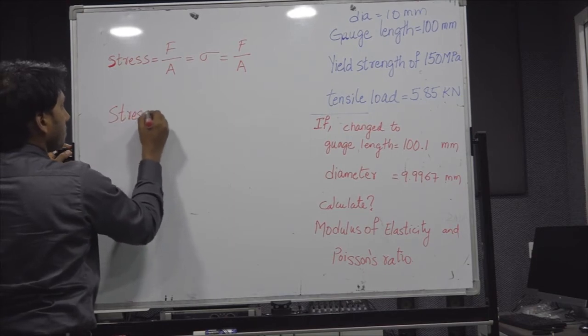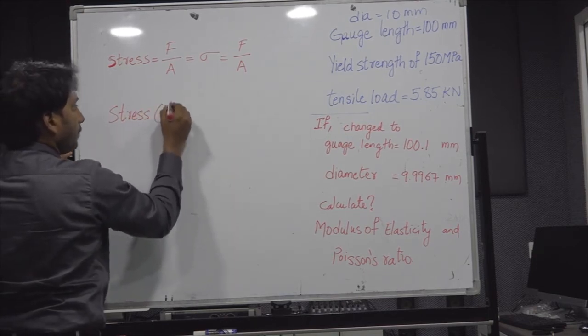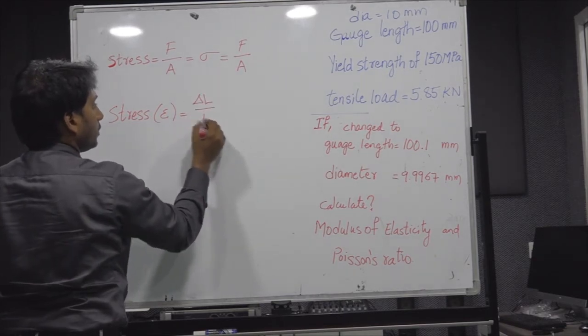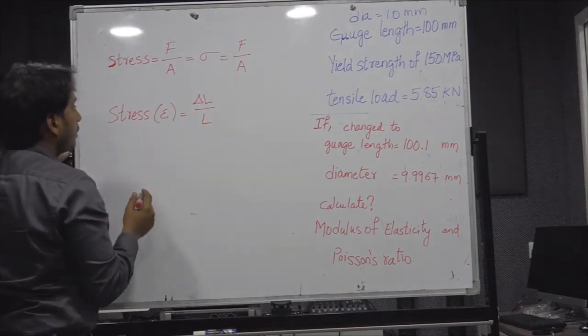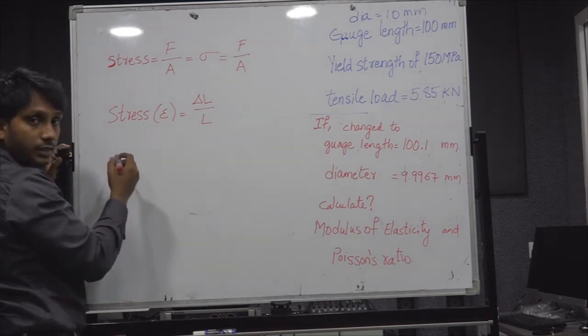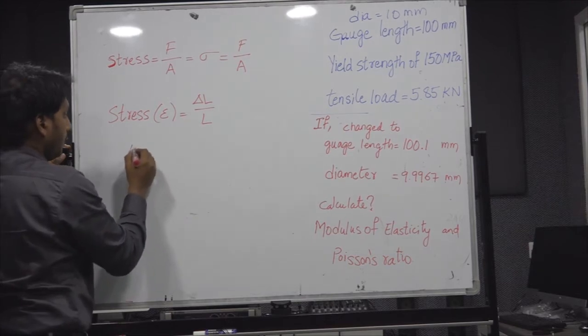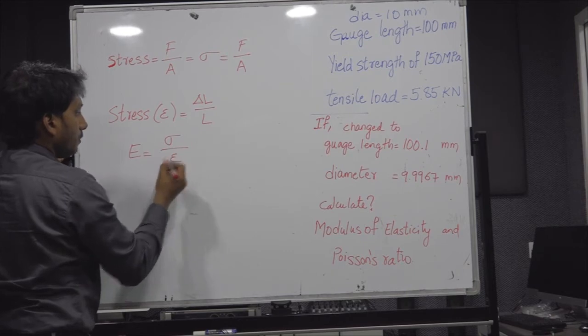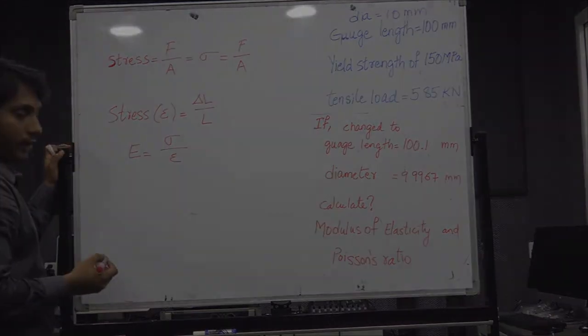Strain, epsilon is equal to delta L by L, change in length by original length. Young's modulus or modulus of elasticity, capital E, is equal to normal stress by normal strain.